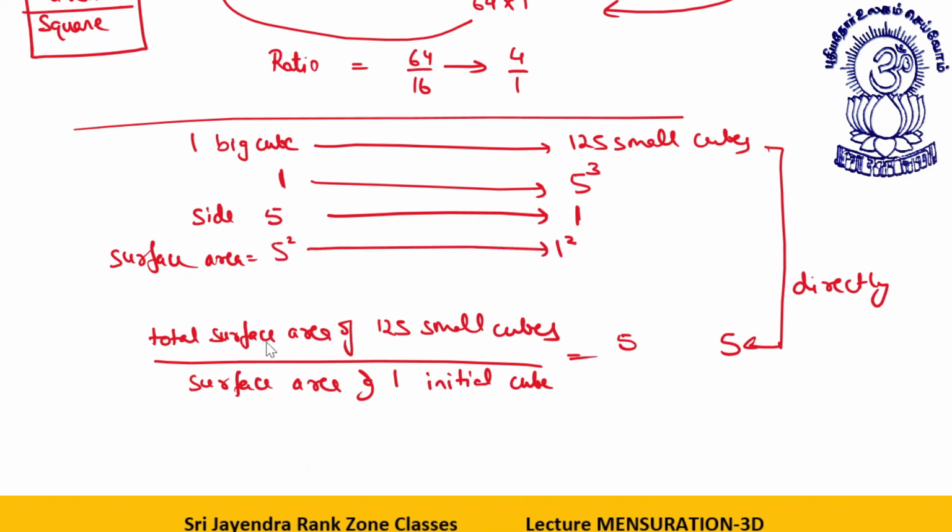Now total surface area of 125 small cubes will be 125 into 1. Surface area of one initial cube will be 25. You get finally 5. Very clear to all of you, my dear students.